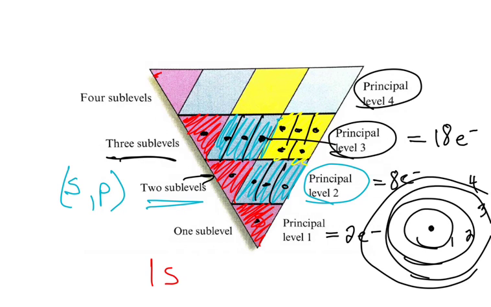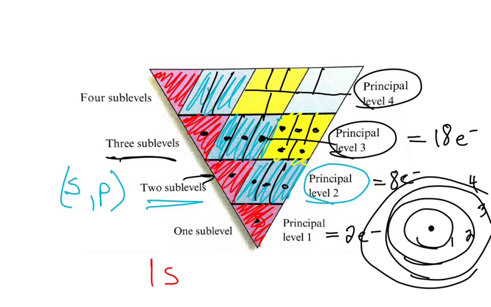And then finally, when we get into the 4th energy level, that's where we can have not only an S and 3 P's, so 1, 2, 3 P's, and 5 D's, but we can have 7 F's, which gives us 14 electrons.